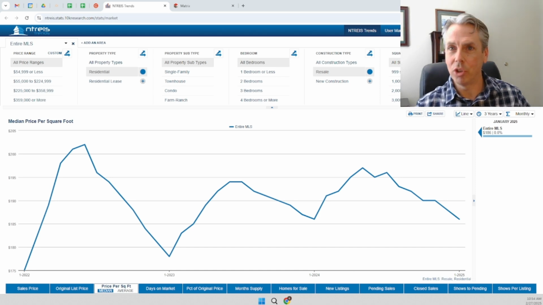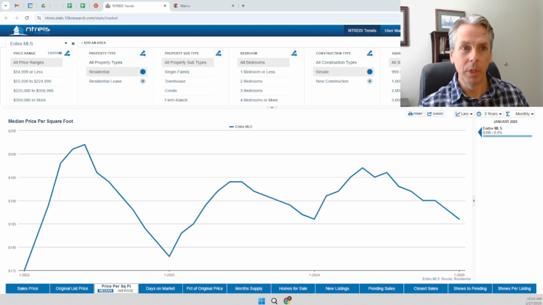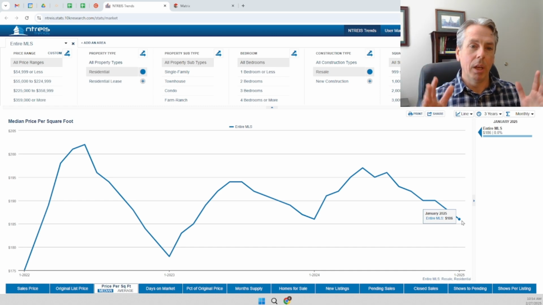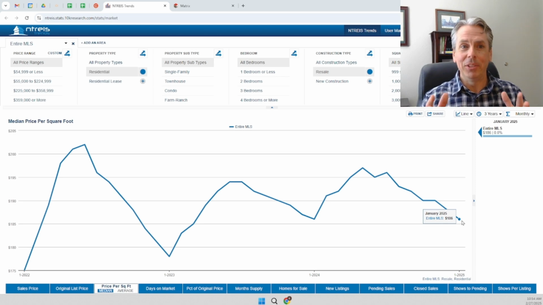So I've got this chart on the screen. It's really helpful. So if we're looking at this moment in time where we are right now, technically January of 2025, I don't know when you're watching this, this is my most recent data point.